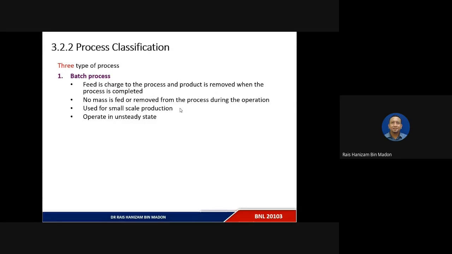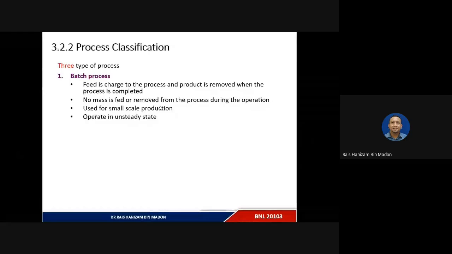Basically it is operated in an unsteady state. Okay. A common use for batch process is your biodiesel plant. Our biodiesel plant is currently operated by using batch process, especially for the transesterification and also esterification, whereby you need to add all the material and also the mass of the reactants together, and then you mix it at certain conditions, RPM, temperature, pressure, and so on.